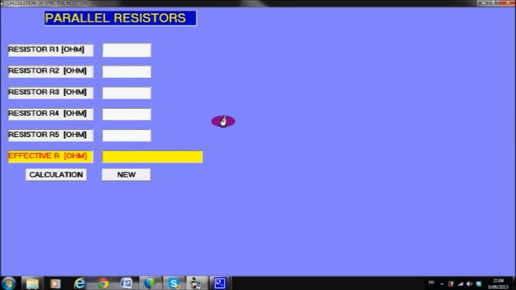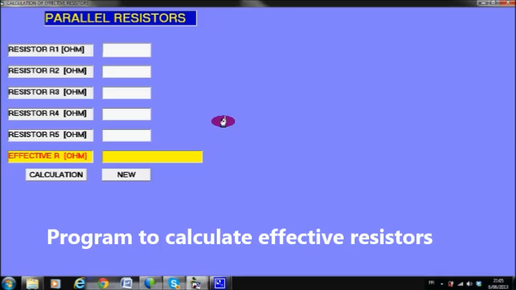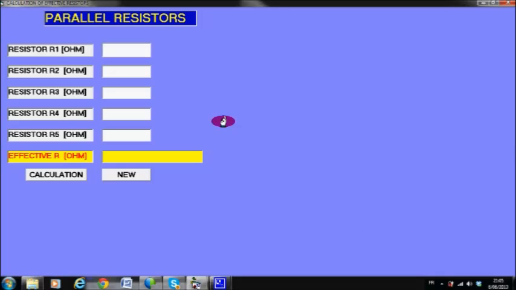Computing. This is a Visual Basic application made to easily calculate effective resistance when resistors are connected in parallel. We've seen that if resistors are connected in series, we don't need such an application: you just add the values of the resistors connected in series and you get the value of the effective resistor.